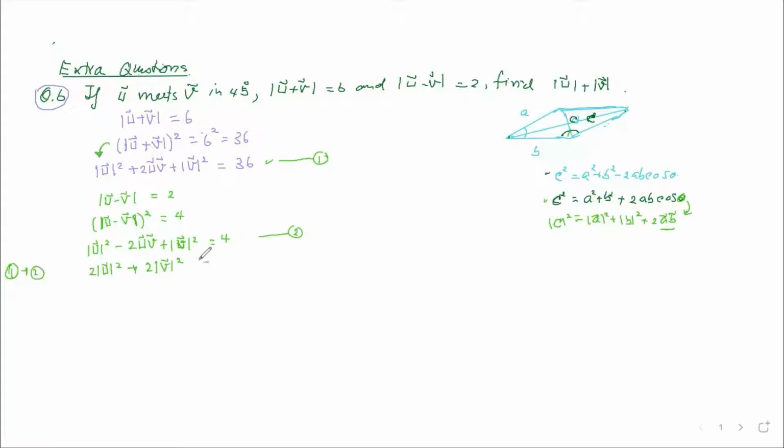And this one, plus, is going to be 40, right? Then we can simplify, becoming the distance of vector u squared plus the distance of vector v squared. So we divide and simplify it, so it becomes 20.